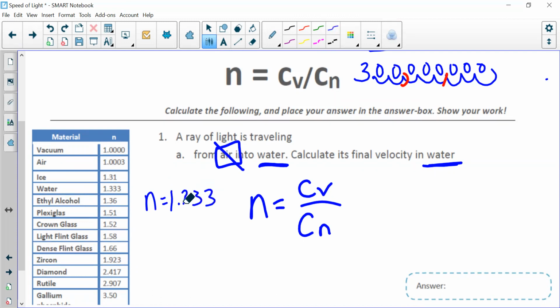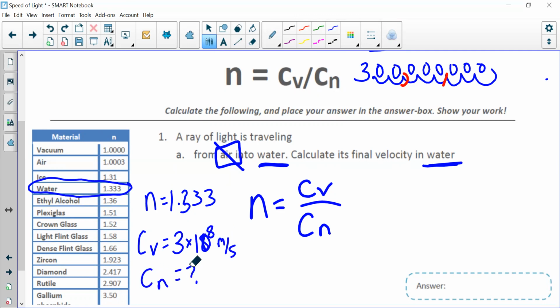I just looked over at this table, right here, water. CV never changes. So I always have that number. It's 3 times 10 to the power of 8 meters per second. And I'm solving for CN. What's the speed of light in the water?